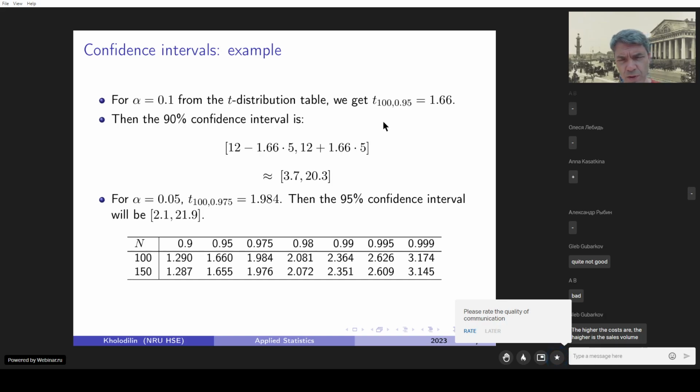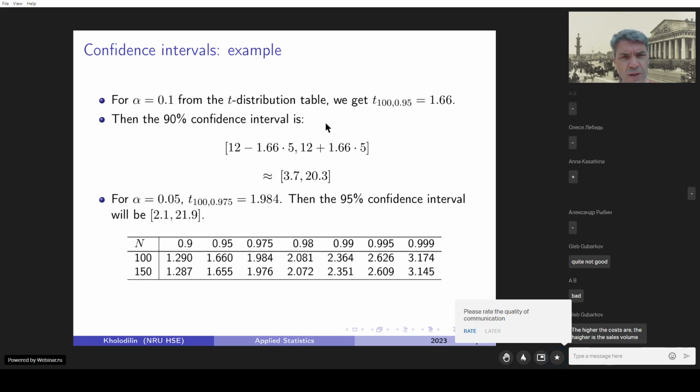We have a two-sided interval because we consider all the alternatives when beta 1 can be bigger than 12 or smaller than 12. And therefore, we have to look here not at 90%, but at 95%, okay? So the intersection between 100 and 0.95 is 1.66. And this is our t-statistic that we place in our formula.